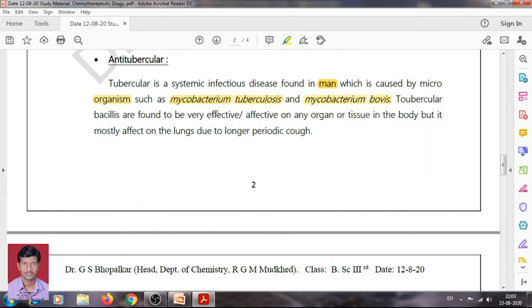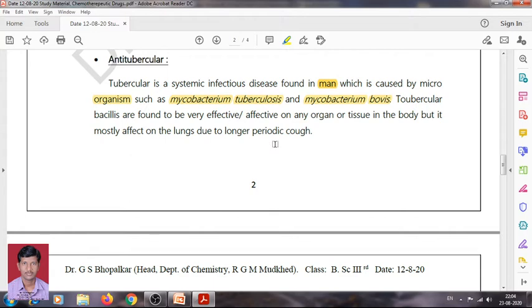These are the bacteria because of which tuberculosis is found. The tubercular bacilli are found to be very effective.